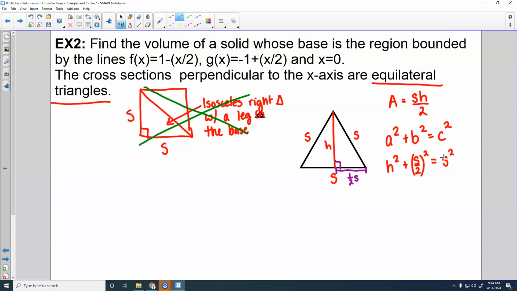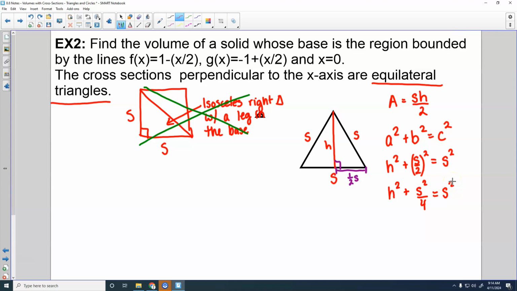Okay, and what we want to do is solve this for h. So we got h squared plus s squared over 4, because you're going to square the top, square the bottom, that's going to equal s squared.